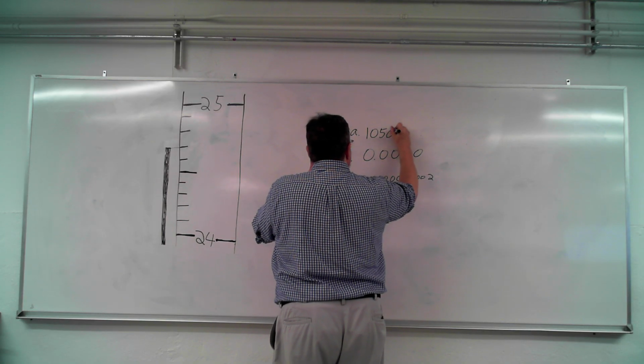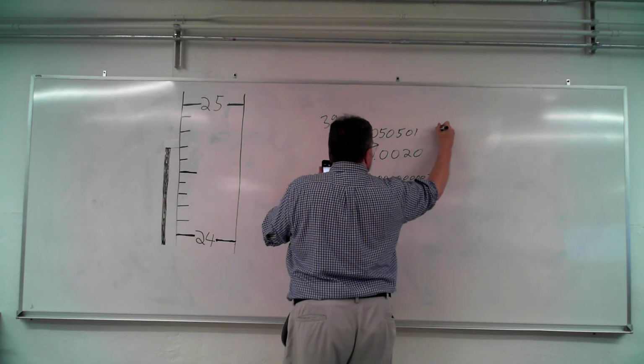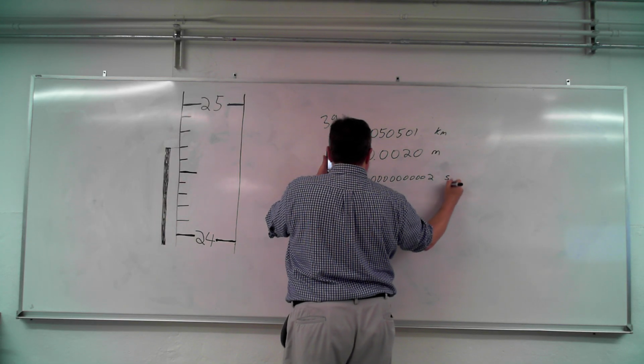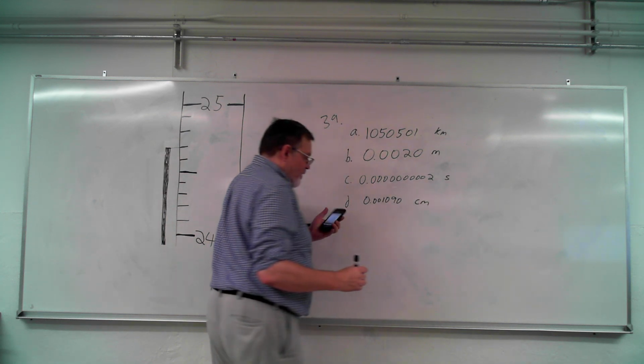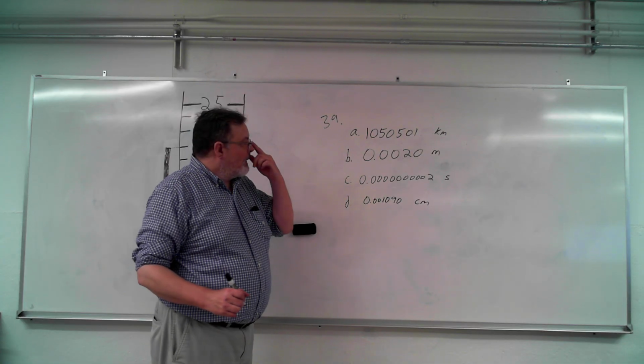The units don't change anything I've described. Like this one is in kilometers, this one is meters, this one is seconds, this one is centimeters, but we'll get to units. So can you tell how many significant figures here?